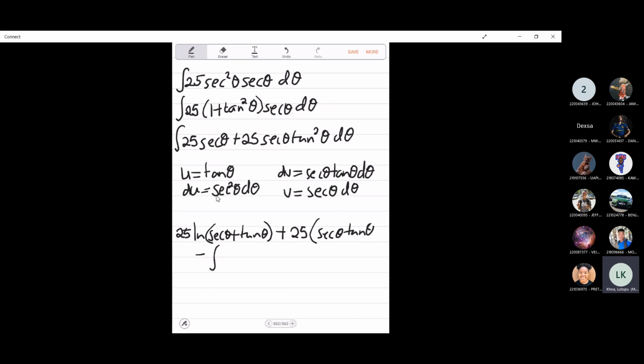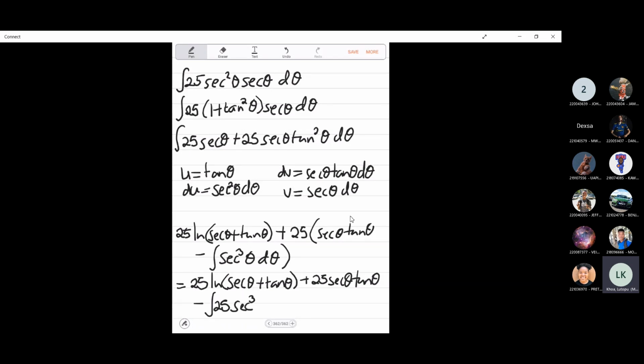So v times du is sec to the power of 3 of theta d theta, close the brackets. Okay, then this 25 we can multiply it out, so we have 25 ln of sec theta plus tan theta plus 25 sec theta tan theta minus the integral of 25 sec to the power of 3 of theta d theta.